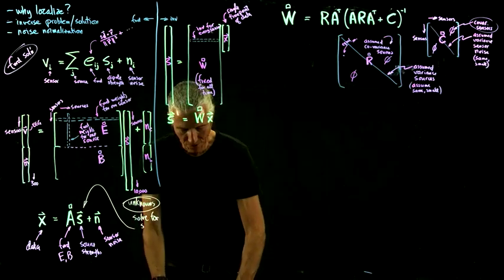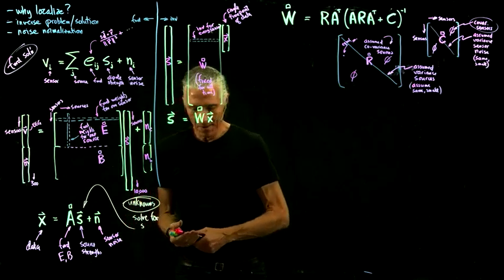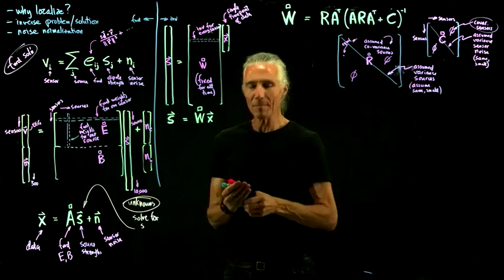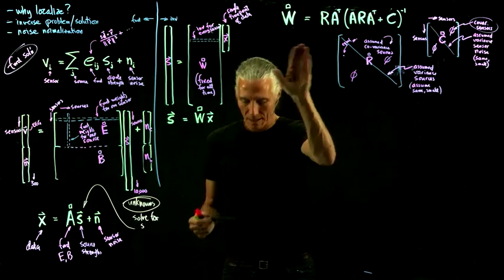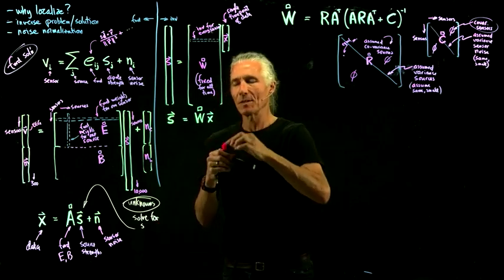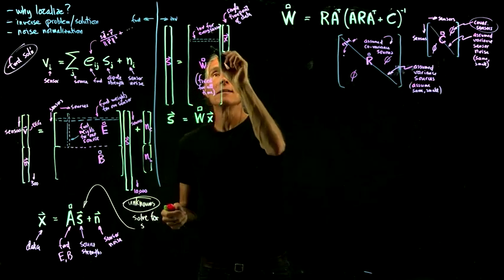And so this solution is called the minimum norm solution. Let me make one more diagram of this. What is that thing?